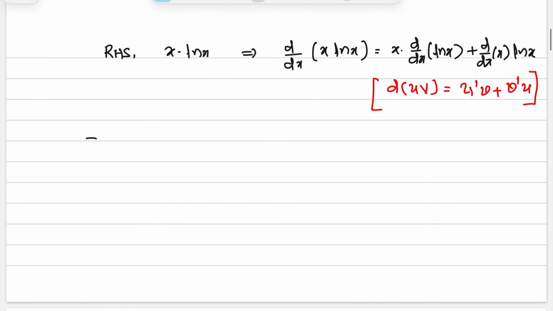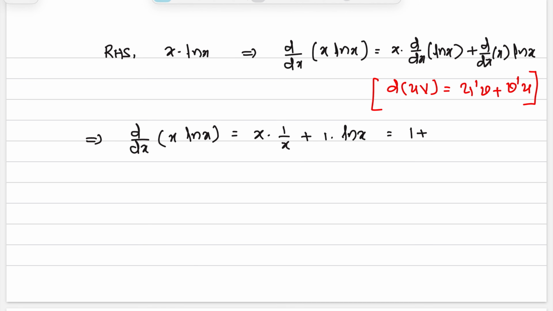Now, d by dx of x ln x is equal to x into d by dx of ln x, which is 1 by x, plus d by dx of x, which is 1, into ln x.